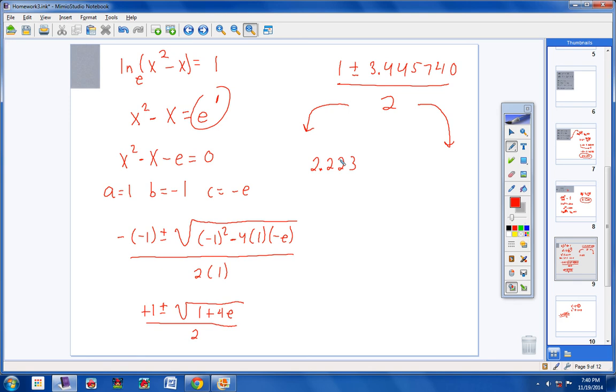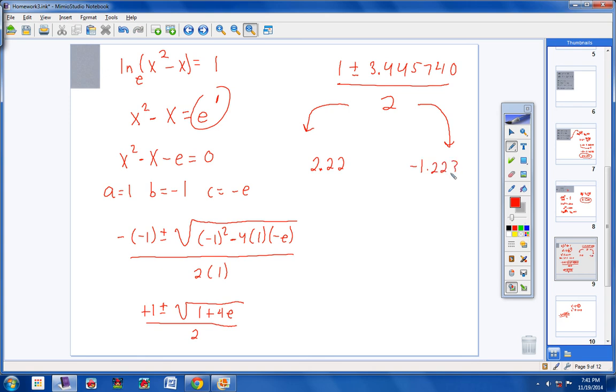And then if you take 1 minus this big number here, enter, divided by 2, enter, you will get negative 1.223.